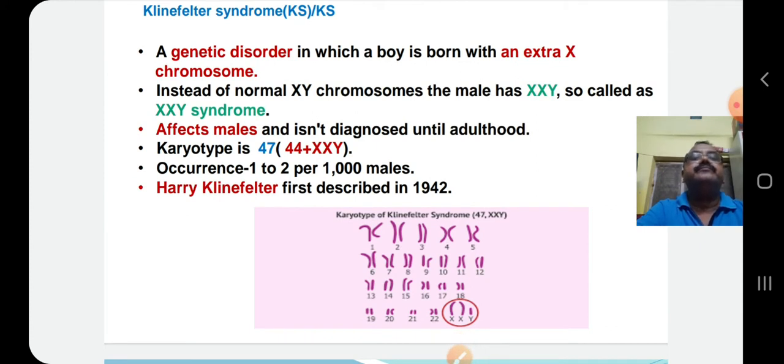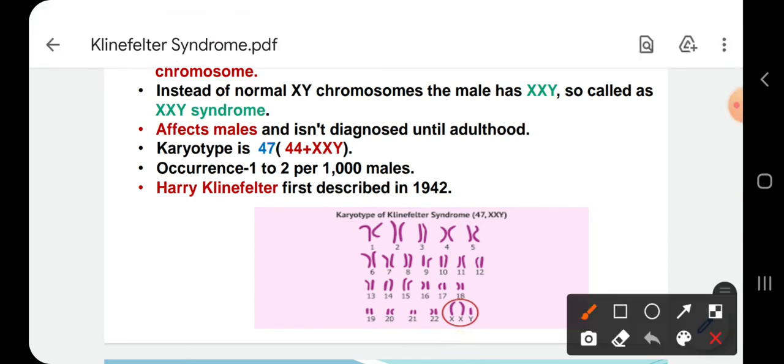Klinefelter syndrome is a genetic disorder in which a boy is born with an extra X chromosome. Instead of the normal XY chromosomes, the male has XXY, so it is called XXY syndrome. It affects males and is not diagnosed until adulthood.